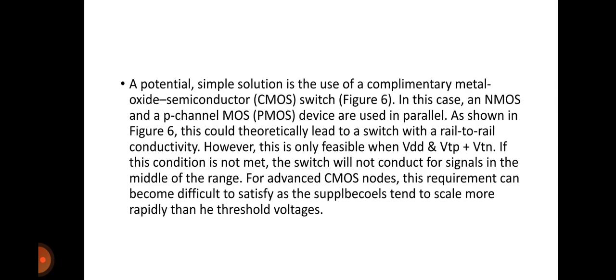However, this is only feasible when VDD is greater than VTP plus VTN. If this condition is not met, the switch will not conduct for signals in the middle of the range. For advanced CMOS nodes, this requirement can become difficult to satisfy as the supply voltage tends to scale more rapidly than the threshold voltages.